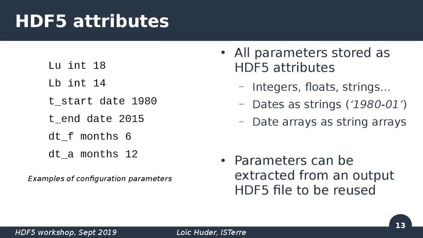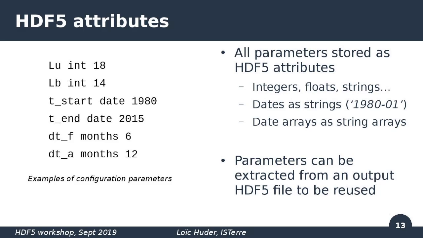Here I give an example of the configuration parameters we might have in our algorithm. We have the max degrees that I talked about earlier, called big N: 18, and 14 for the magnetic field, which can be changed by the user. We have the starting time and the ending time, which can also be changed by the user. All these parameters are stored directly as HDF5 attributes of our output file, as integers or floats.